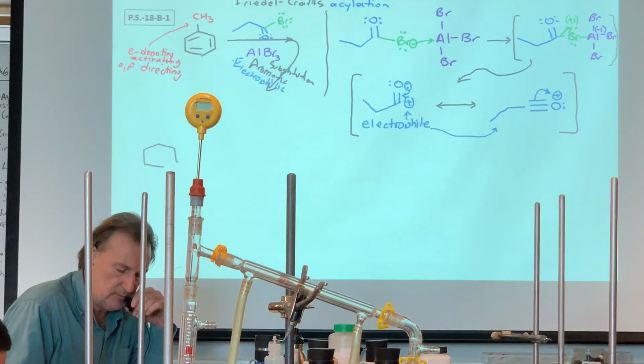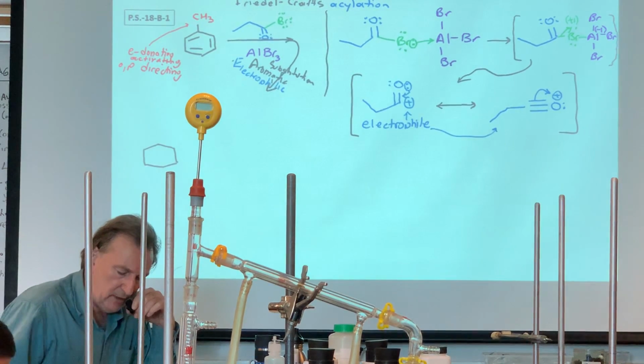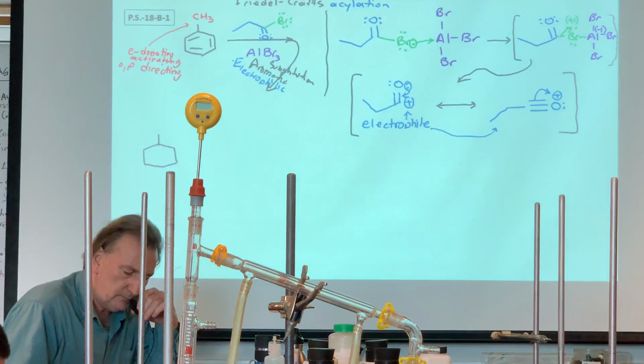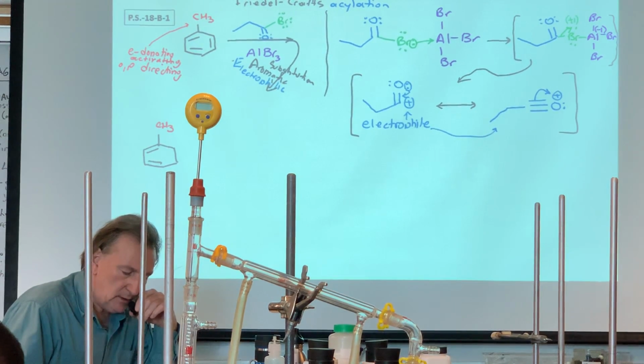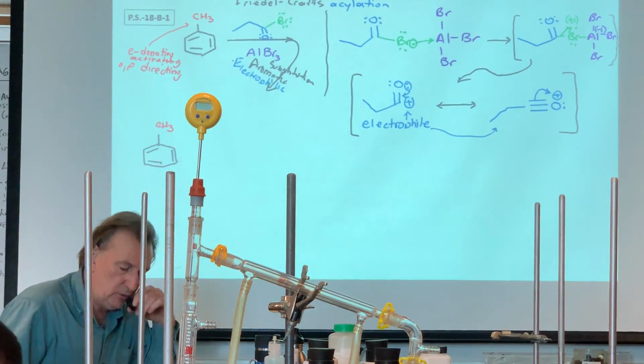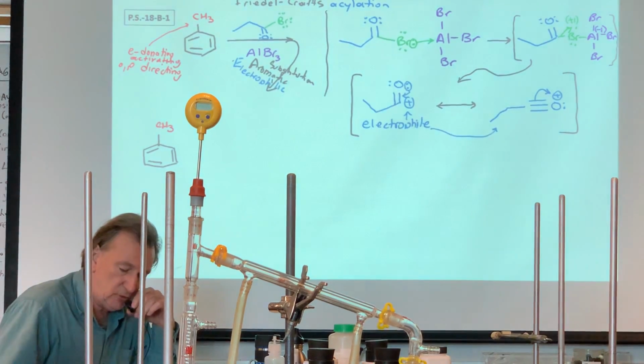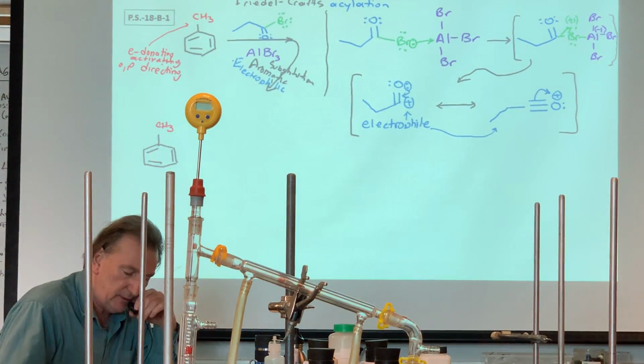So here's the mechanism. We have the CH3 group over here, right? So we have the double bond. Now we have one of these double bonds that is going to come and attack the electrophile. Notice I have the electrophile already there.